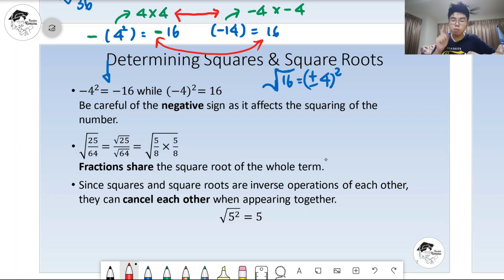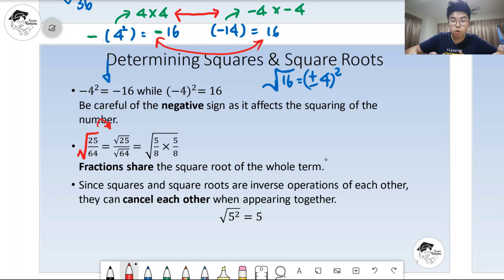Next, a fraction will share the square root of the whole term. Sometimes we see in a textbook that they will put the square root for the whole fraction. But if you put it like this, some people cannot do it in their mind quick enough. If you split it, it's actually very simple.